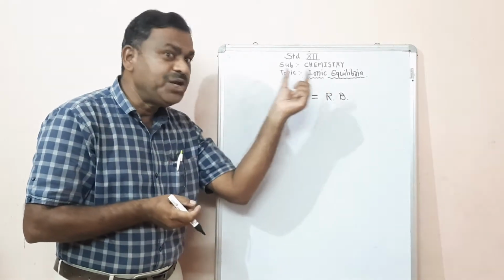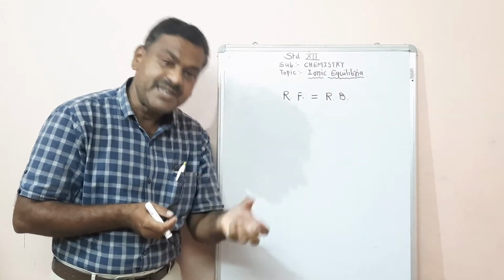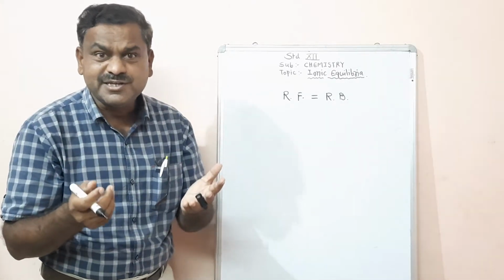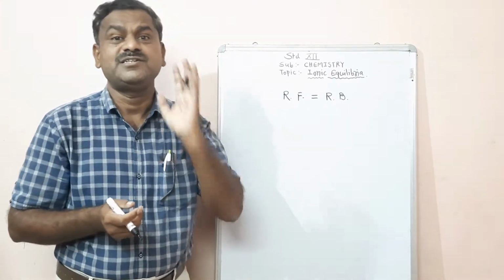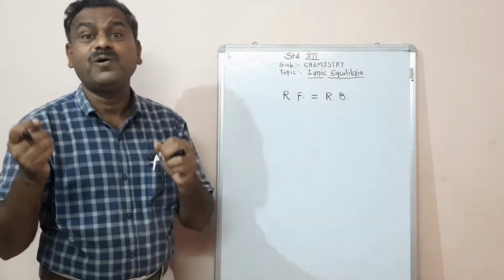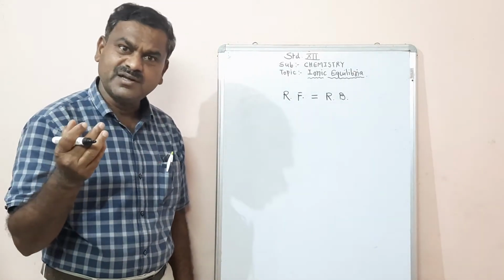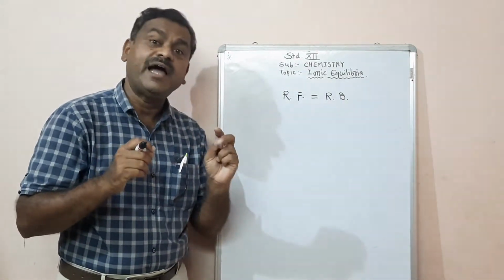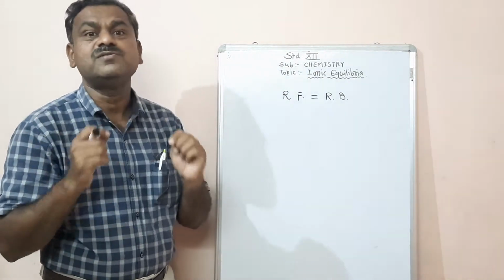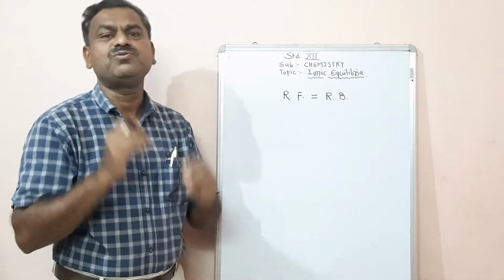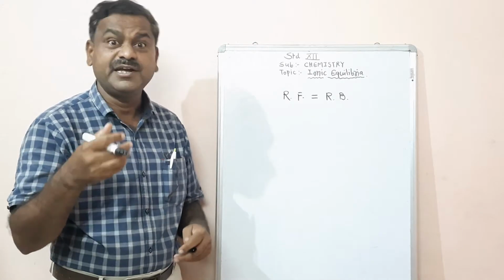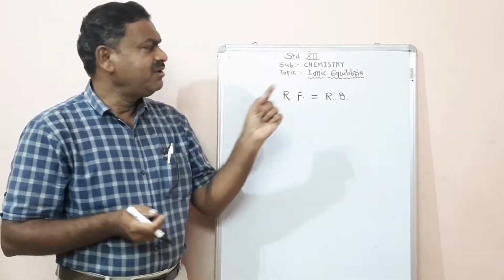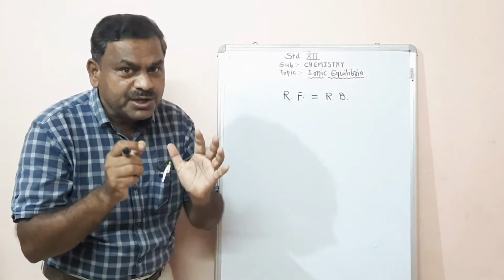In this ionic equilibrium, we'll study the species, which are charged, whether negative or positive. We have to study the equilibrium between the ions and unionized molecules in the aqueous solution. We have to study in detail, first, one by one. Now, first, what is ionic equilibrium?